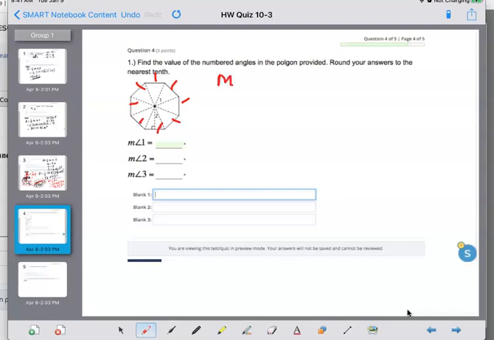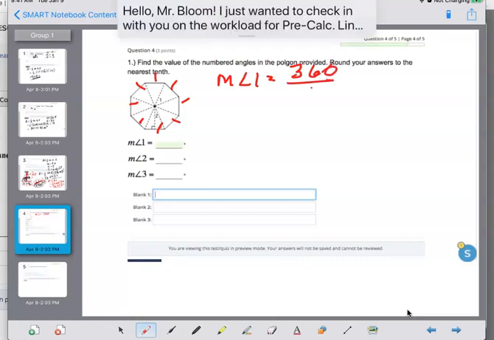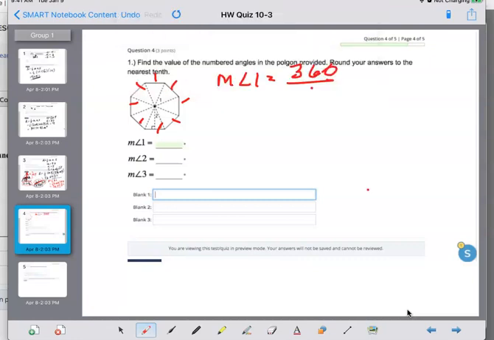So the measure of angle 1 is going to be my central angle, 360 divided by 8, okay, which is 45 degrees. Let's erase that and get a better 45 there. So I've got 45 degrees.